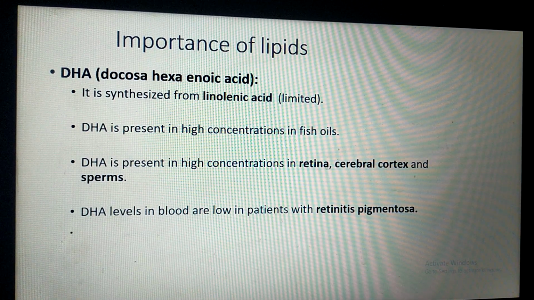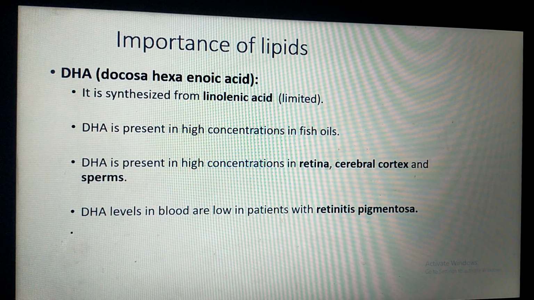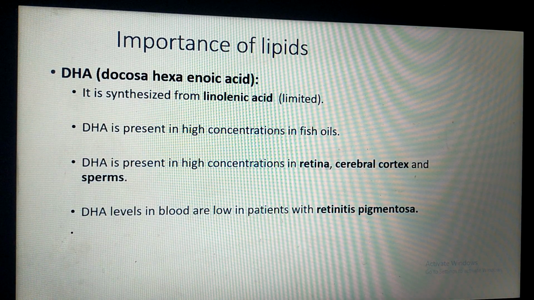Docosahexaenoic acid is also synthesized from linolenic acid in small quantity. It is present in high concentration in fish oil. It is in our body. Docosahexaenoic acid is found in high concentration in retina, cerebral cortex and sperms. In the deficiency of docosahexaenoic acid, the patient suffers from retinitis pigmentosa.